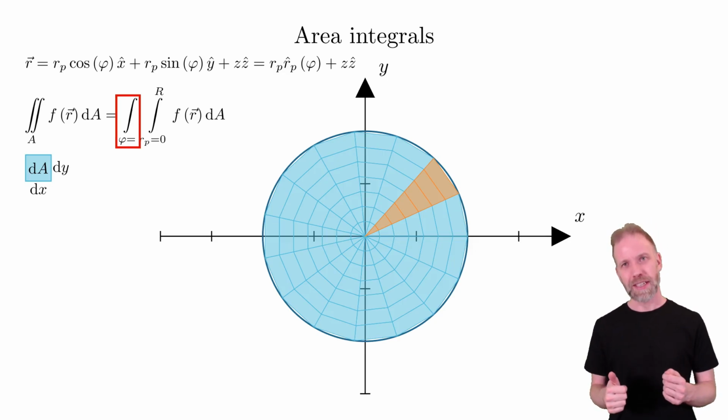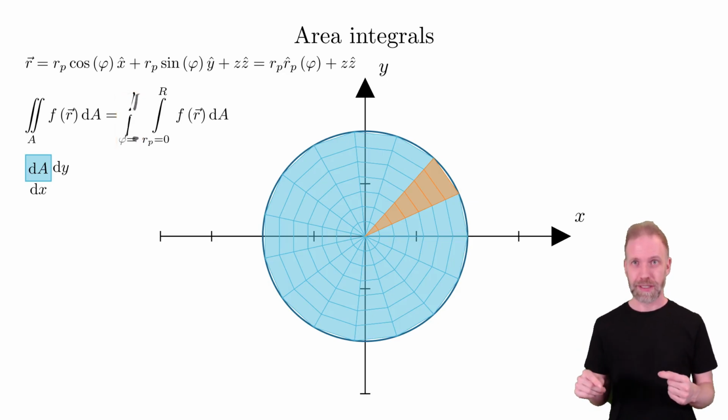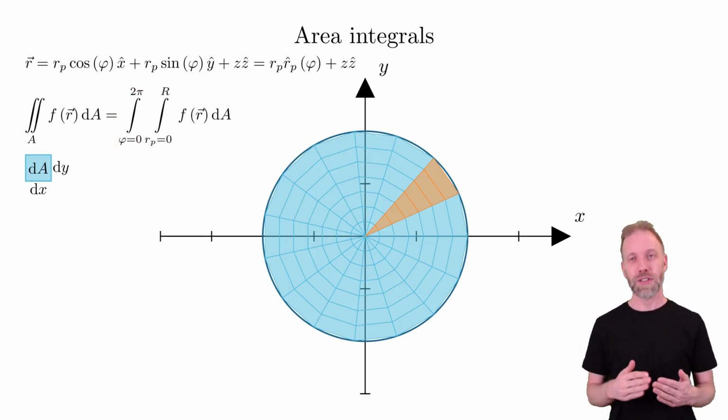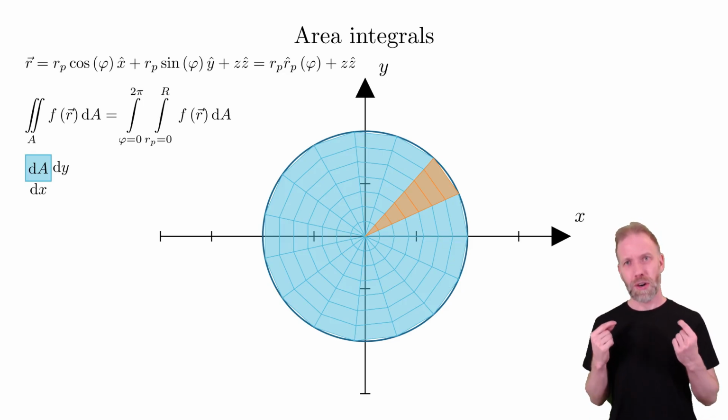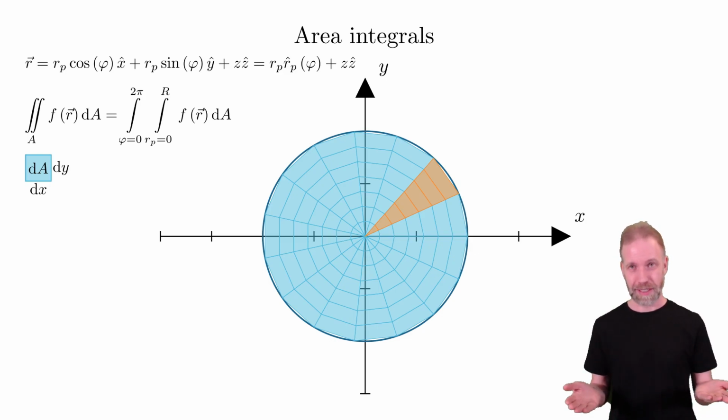In the phi direction, we know that to move around the circle, we go from 0 to 2 pi radians. Hence, write the integral from 0 to 2 pi. These limits should cover a whole circle, and are as easy as our rectangular limits in Cartesian coordinates.